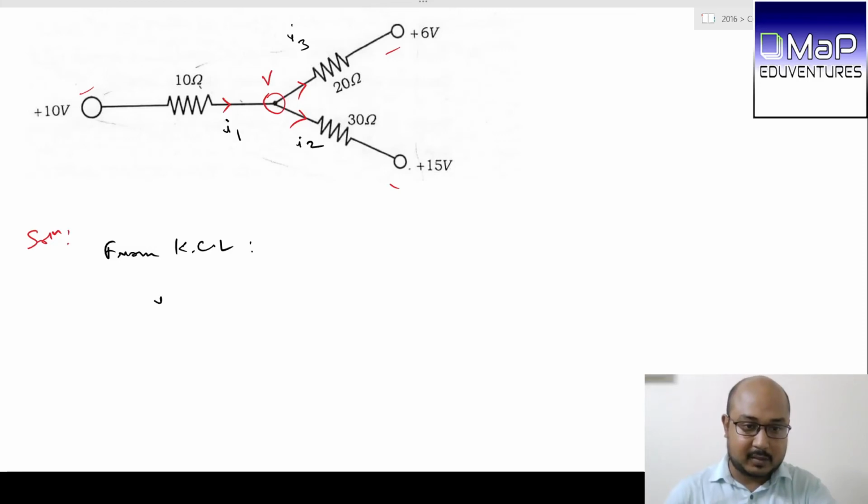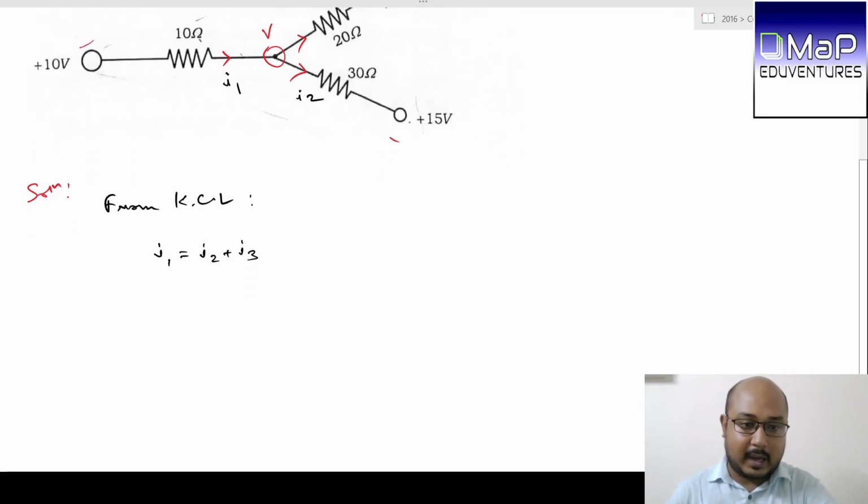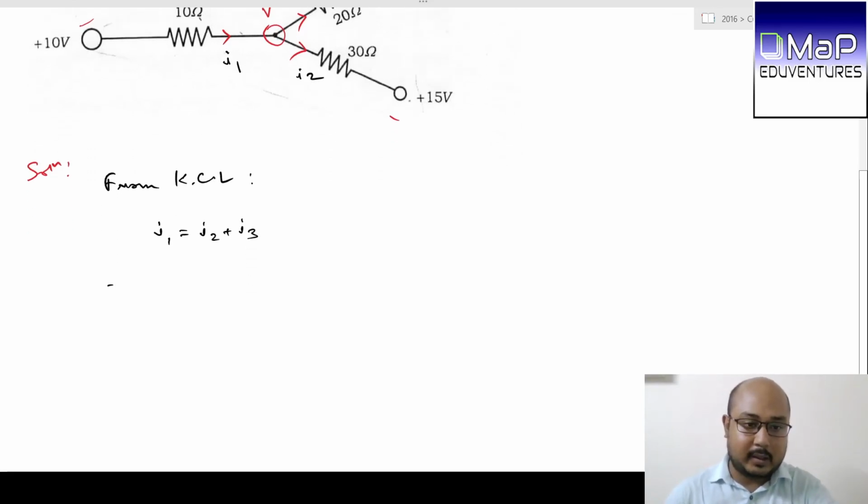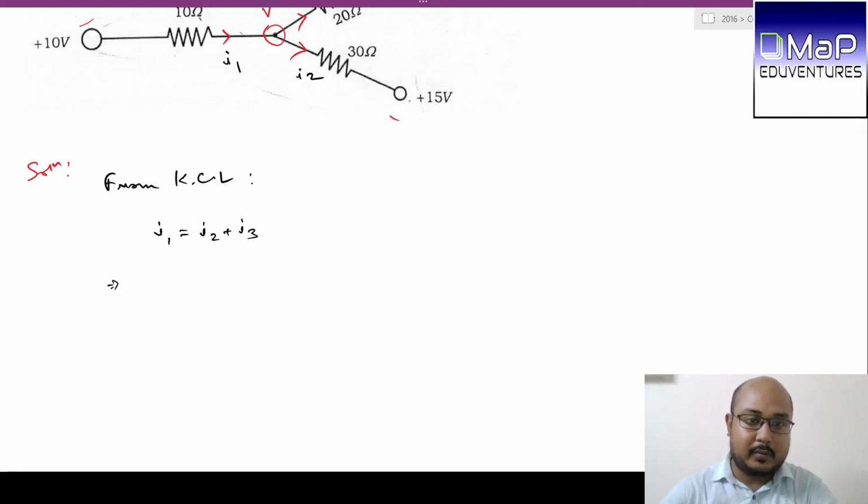Then from Kirchhoff's current law I have I1 equal to I2 plus I3, the total incoming current should be equal to the total outgoing current. Now this I1, I2 and I3 can be written as follows. I1 is the current through the 10 ohm resistance. The potential at the middle point is V, so 10 minus V is the potential difference across this 10 ohm resistance, divided by the resistance 10 ohm, that is equal to I1.